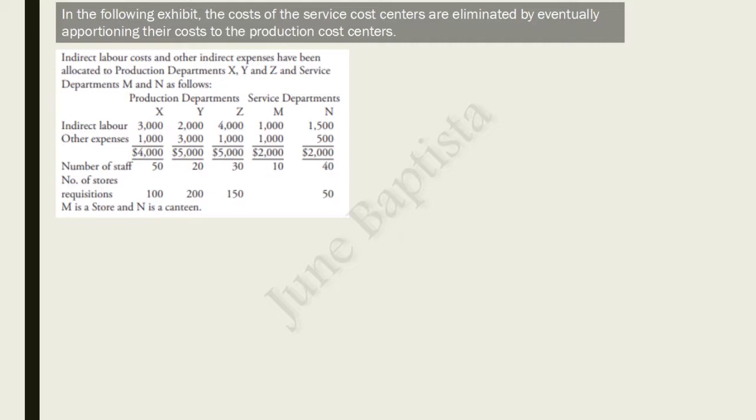Indirect labor costs and other indirect expenses have been allocated to production departments X, Y, and Z and service departments M and N as follows. $4,000 to production department X, $5,000 to production department Y, $5,000 to production department Z, $2,000 to service department M, which is a store, $2,000 to service department N, which is a canteen.